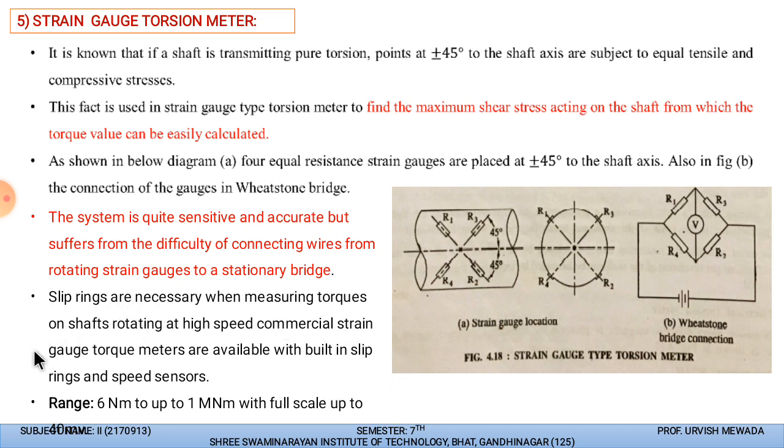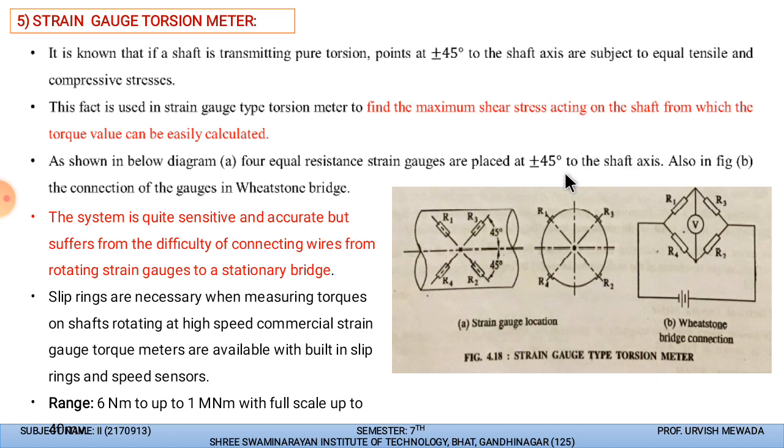The range of this strain gauge torsion meter is 6 newton meter up to 1 mega newton meter with full scale up to 40 mV. So for full scale deflection we can measure the torque of any rotating shaft from 6 newton meter to 1 mega newton meter using this strain gauge type torsion meter.